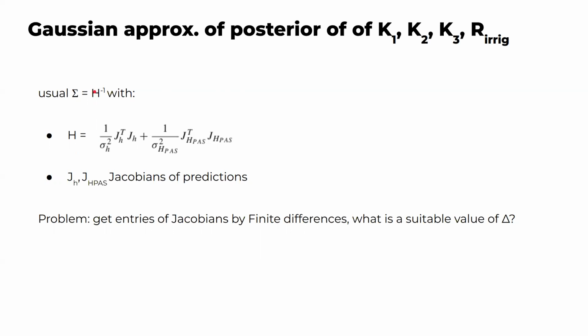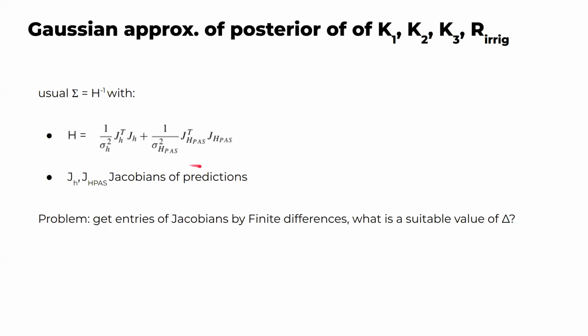The H matrix is a Hessian, and we approximate the Hessian in this way, where we see the Jacobian of the prediction of the heads, and the Jacobian of the prediction of the percentage of land with springs.